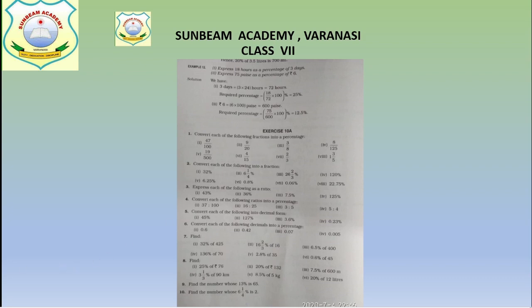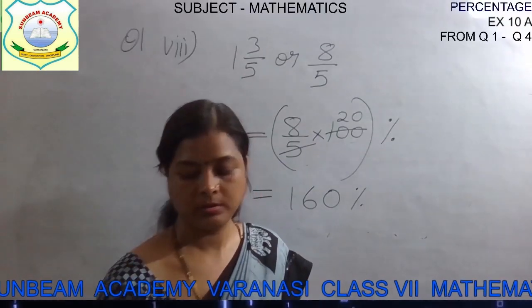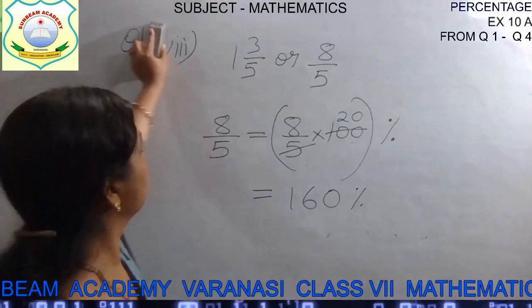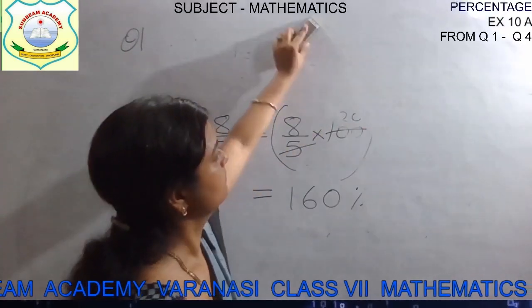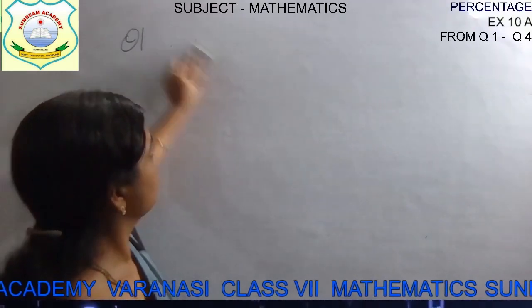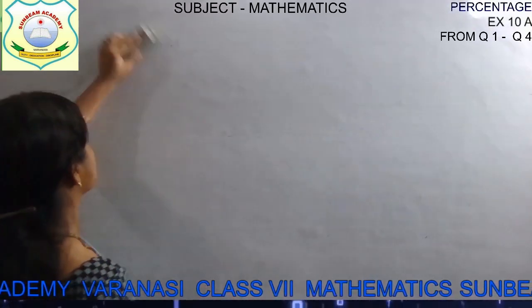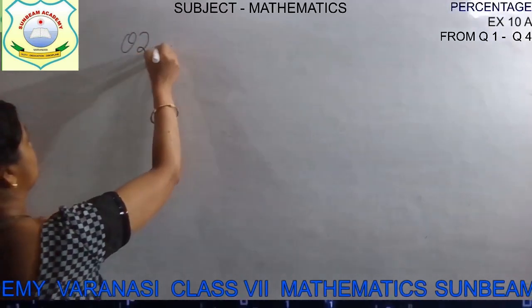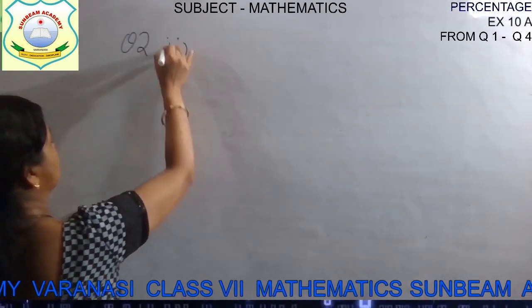So let's start. Question number 2, second part. 6 whole 1 by 4. Come on. Do it fast, children. Write down the question in your copy. This is question number 2, second part.